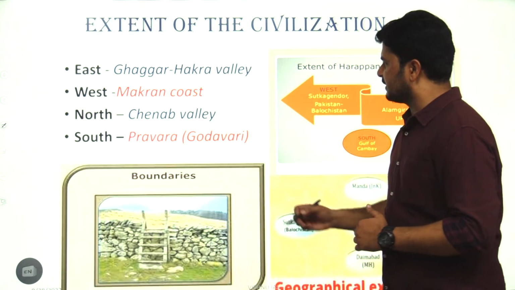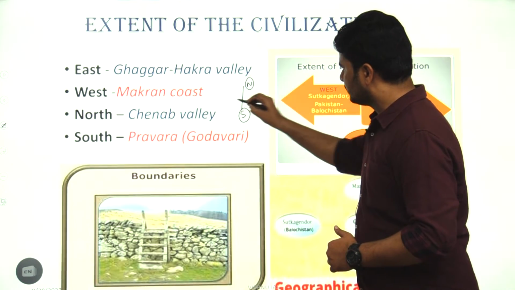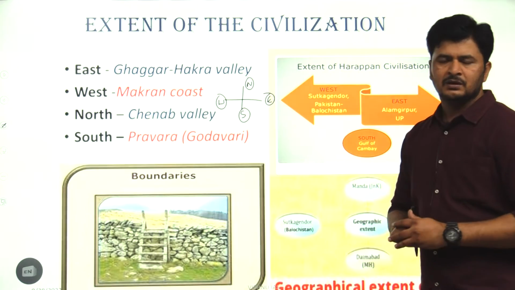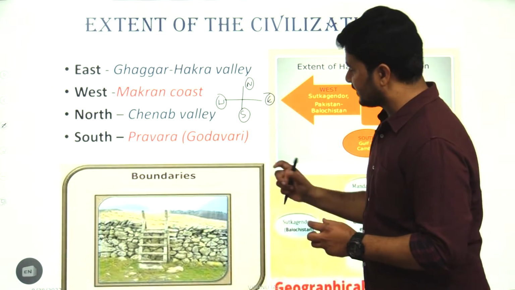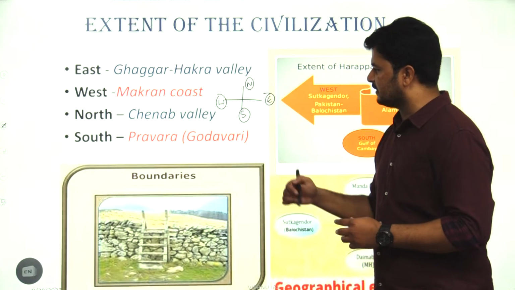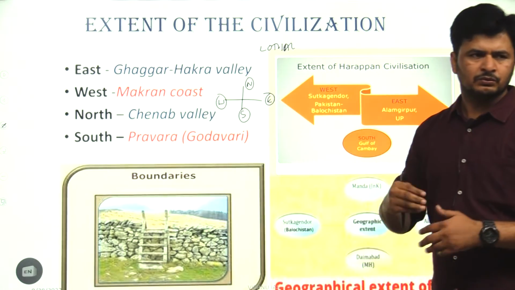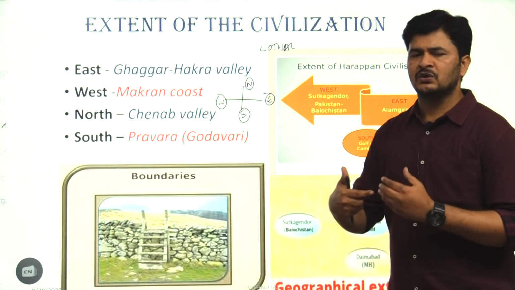Reason being, to make you understand, we have north, south, east and west. Two decades ago, the southern boundary of the Indus Valley civilization was Lothal, somewhere around 2002 and 2004.